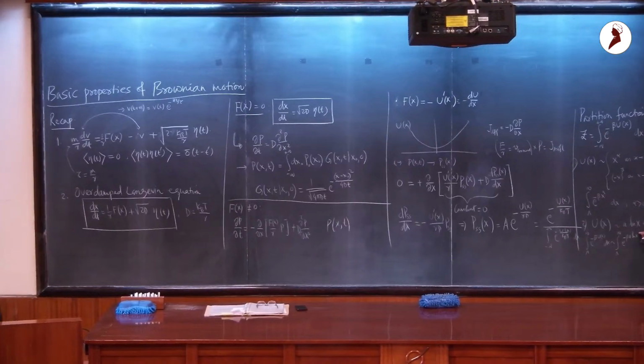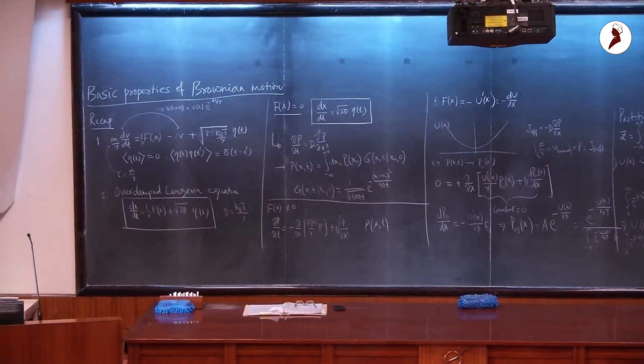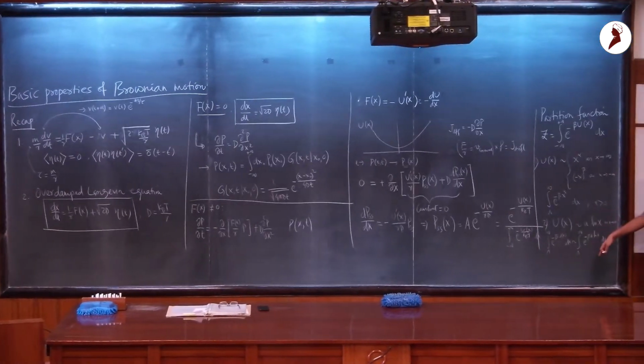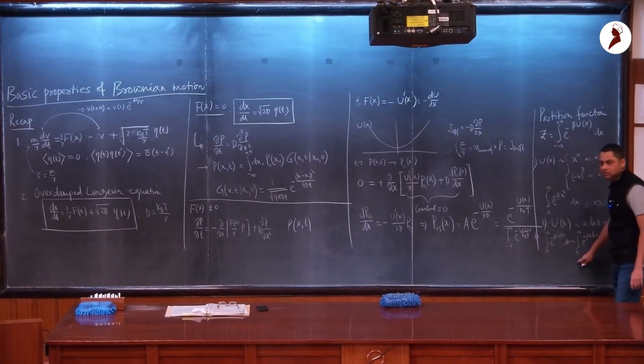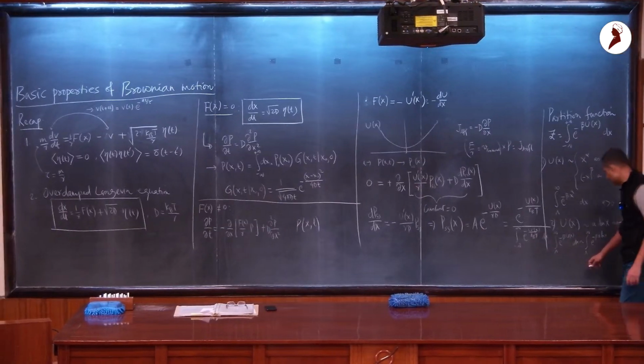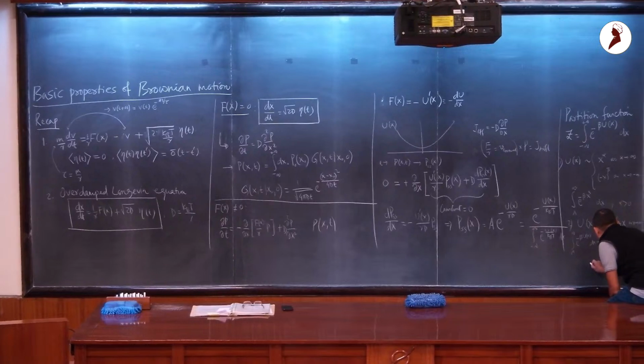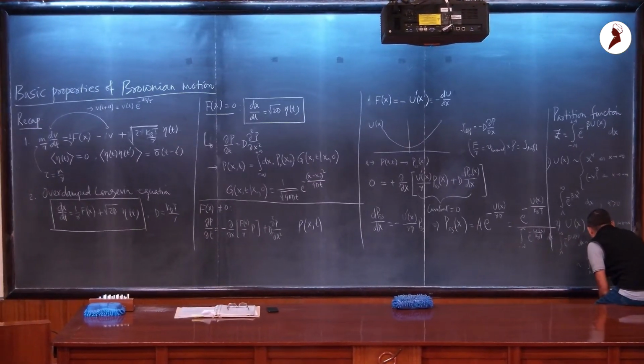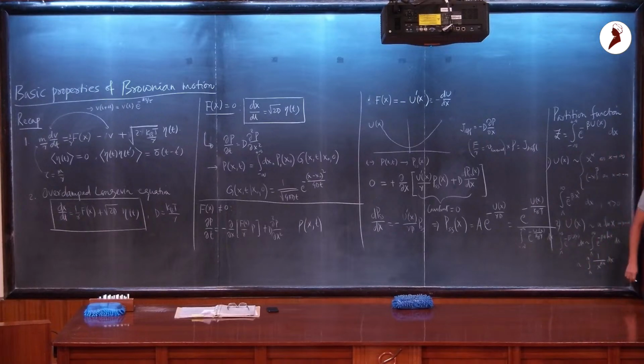Beta a I can take inside, and then exponential of log x to the power beta a, minus log x to the power beta a, so that comes down. Can you see down? Is it visible here? Okay. So this becomes something like lambda to infinity 1 by x to the power beta a dx.